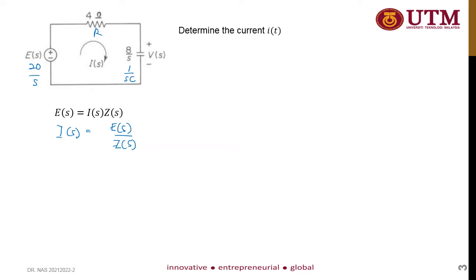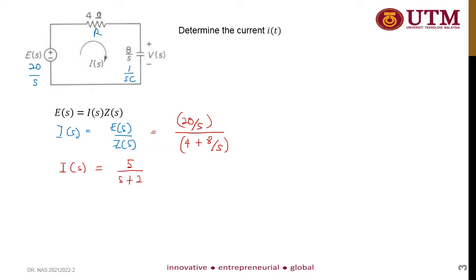E(s) equals 20 over s, divided by Z(s), which is R in series with the capacitor in S-domain, so it is 4 plus 8 over s. Next you need to simplify this equation and you'll get I(s) equal to 5 divided by s plus 2.